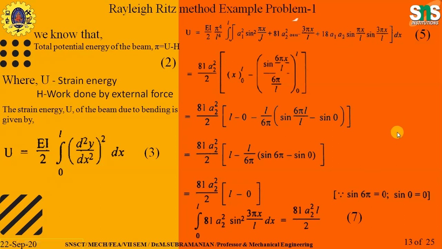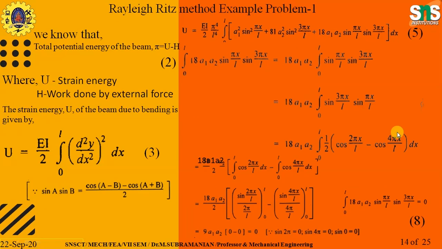The last, third one, we have to determine the integral individually: the integral from 0 to L of 2 a1 a2 sin(pi x divided by L) sin(3 pi x divided by L). Here we are considering sin a sin b, which equals (cos(a minus b) minus cos(a plus b)) divided by 2.